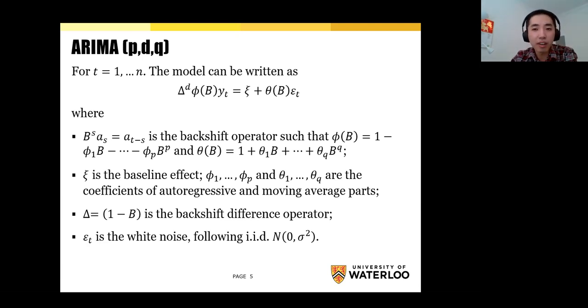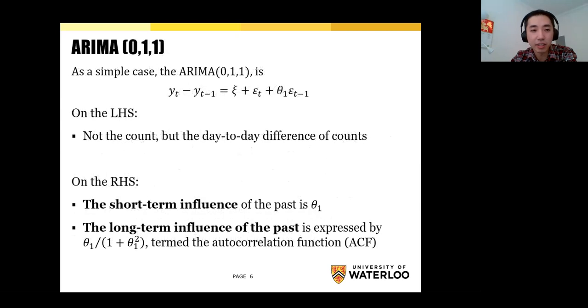Now, if we are all lost, then let's take a look at a simple case. A simple case here is the ARIMA(0,1,1) that I will be using for this analysis. The second term is a 1. That means on the left-hand side, we are indeed taking the day-to-day difference of the number of observations.